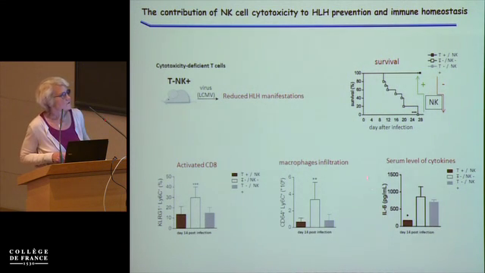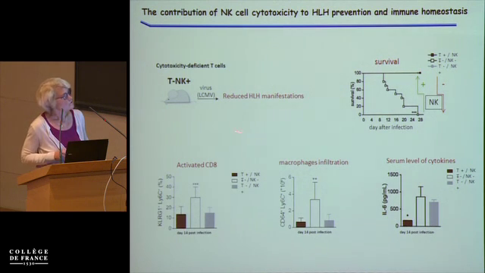The serum level of cytokines was not significantly different between fully cytotoxicity-deficient mice and mice with cytotoxicity restricted to T lymphocytes. The best improvement in HLH manifestation was observed mainly in the number of activated CD8 cells proliferating in response to LCMV, which was significantly different, as well as the infiltration of organs with activated macrophages, which was also clearly reduced when cytotoxicity was restricted to T lymphocytes.